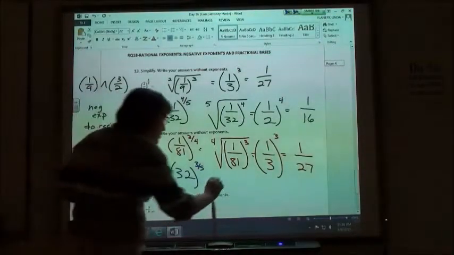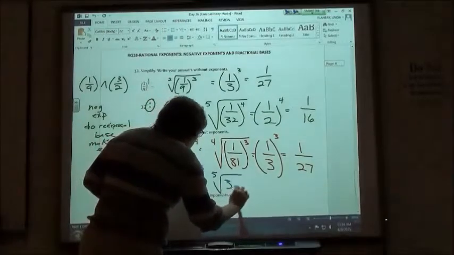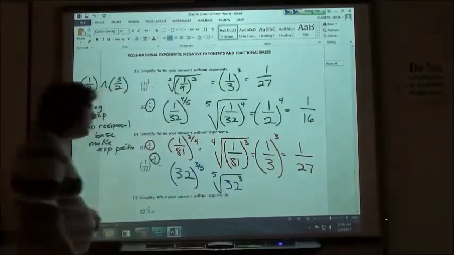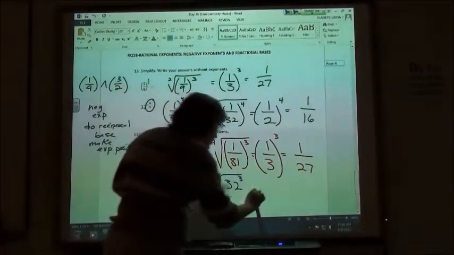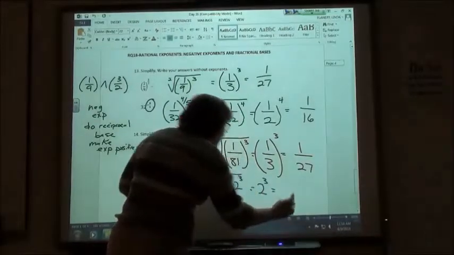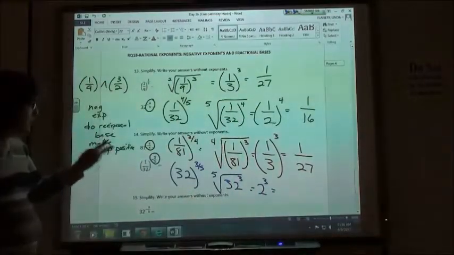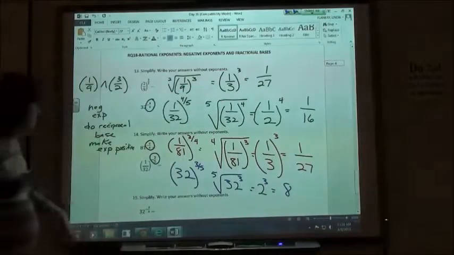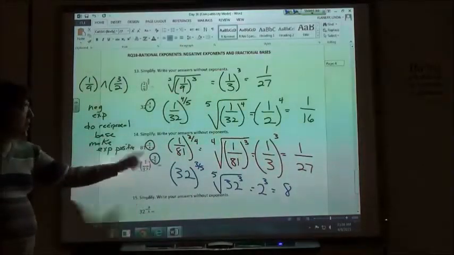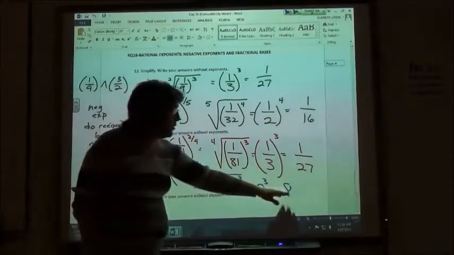So I have to do the 5th root of 32 cubed. The 5th root of 32: 2 to the 5th was 32, so the 5th root of 32 is 2. Then I'm going to do 2 cubed. 2 times 2 times 2, 8. So 1 over 32 to the negative 3/5 power should be 8.